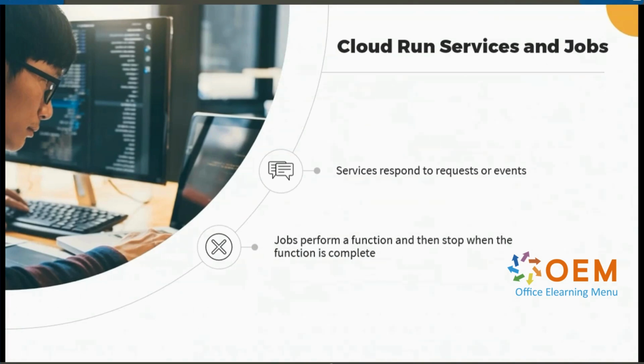These jobs perform a function and then stop when the function is complete, making them suitable for data processing or batch operations. By combining services and jobs, Cloud Run really gives you that flexibility needed to handle various complex workloads from event-driven architecture to background tasks.